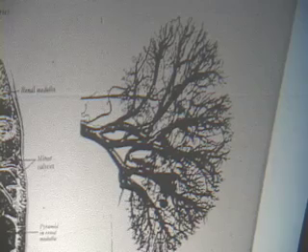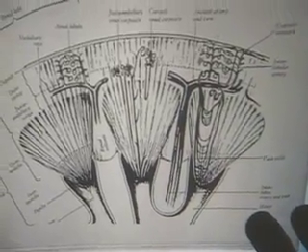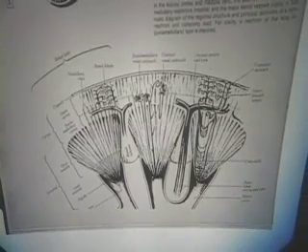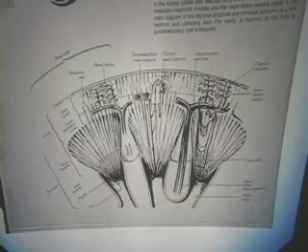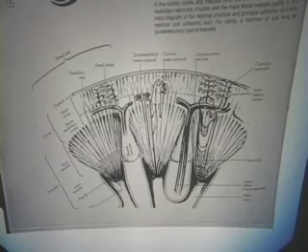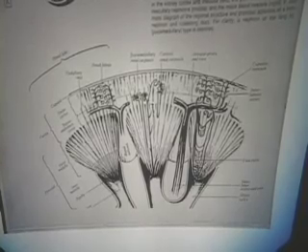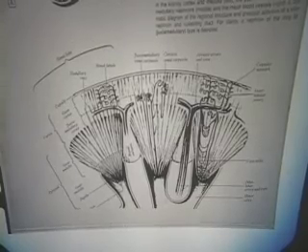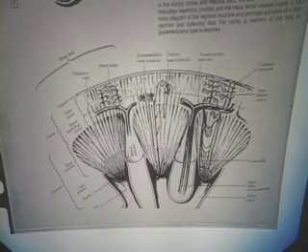Now the other thing you might be asking yourselves is, well, okay, if this plasma is filtered, where does it go? Where does this 125 mLs a minute go to get processed? And it goes into something called the nephron. Let's see if I can take you through this.